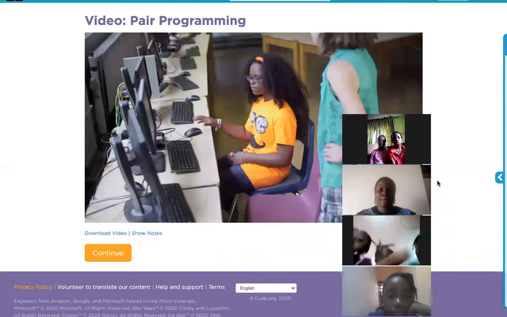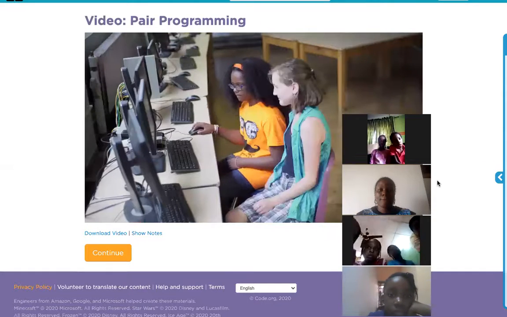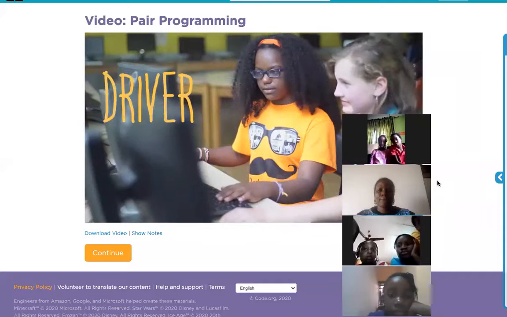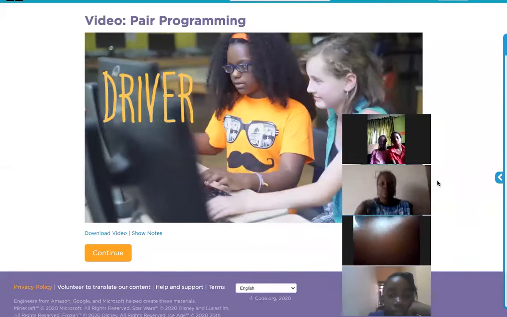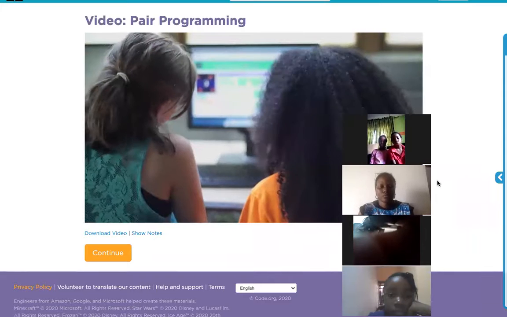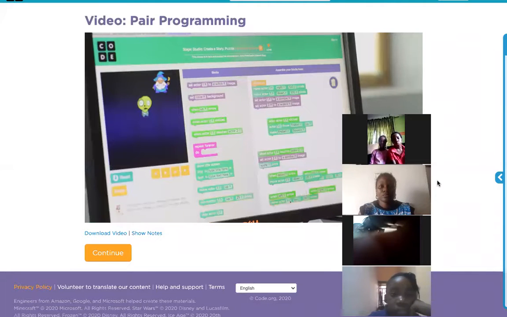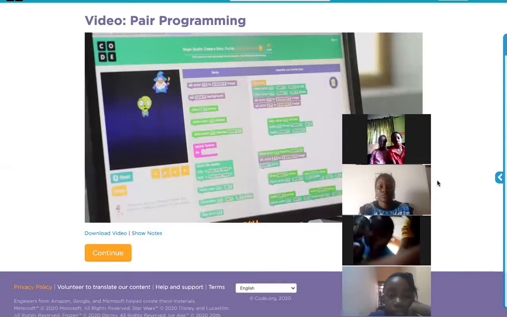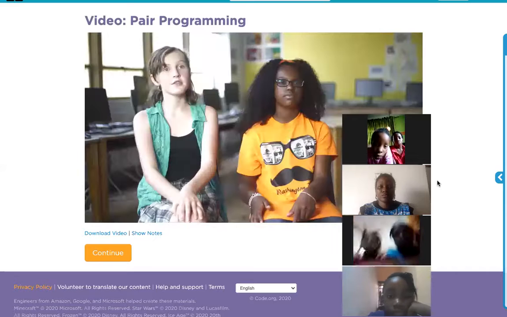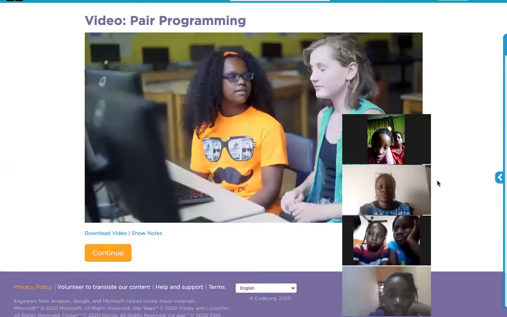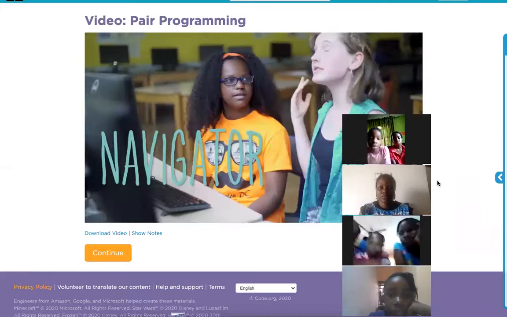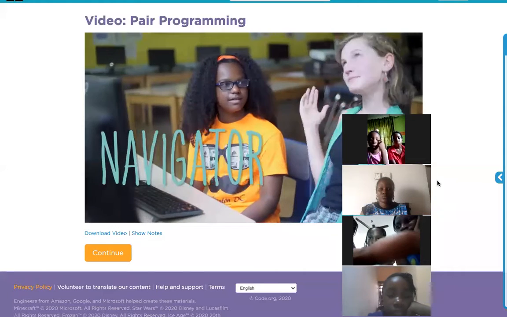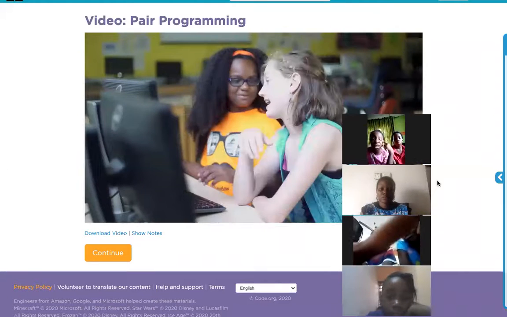Your choice, driver or navigator? Driver. The driver sits at the computer and is the one using the keyboard, mouse, or touchscreen and controlling the main actions of the computer. I'm setting all the arrows so that they make the character move in the direction he's trying to move. And the other person is the navigator. The navigator helps the driver by answering the driver's questions and pointing out potential problems or mistakes.